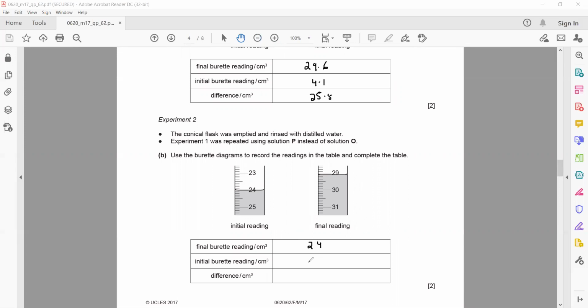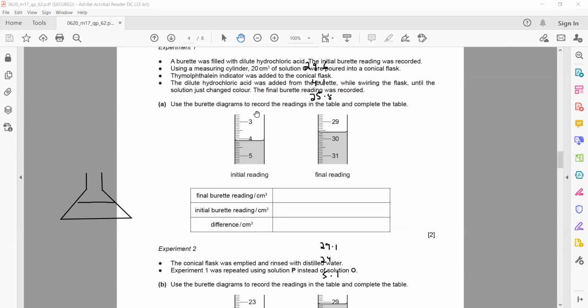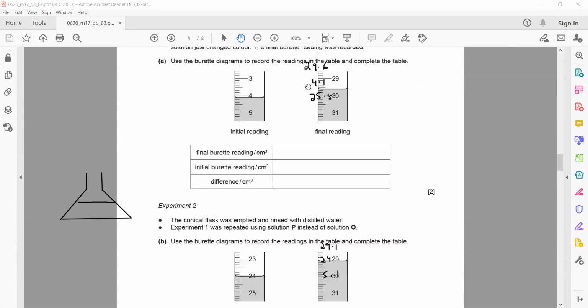Now look, if you have a conical flask and you have an unknown solution, in the beginning we took 20 cm cube of solution O of sodium hydroxide, and then 20 cm cube of solution P in the conical flask.